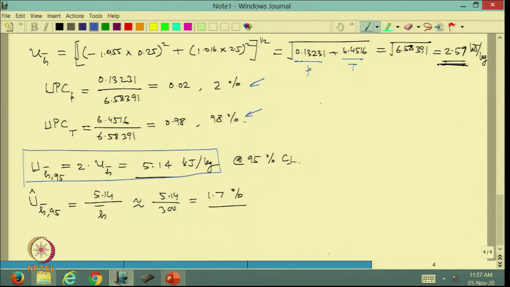And this is valuable information, because these two together tell us that if you want to reduce this uncertainty in specific enthalpy from 1.7% to wherever you want to go, you focus on reducing uncertainty in temperature measurement. Do not worry about the pressure.